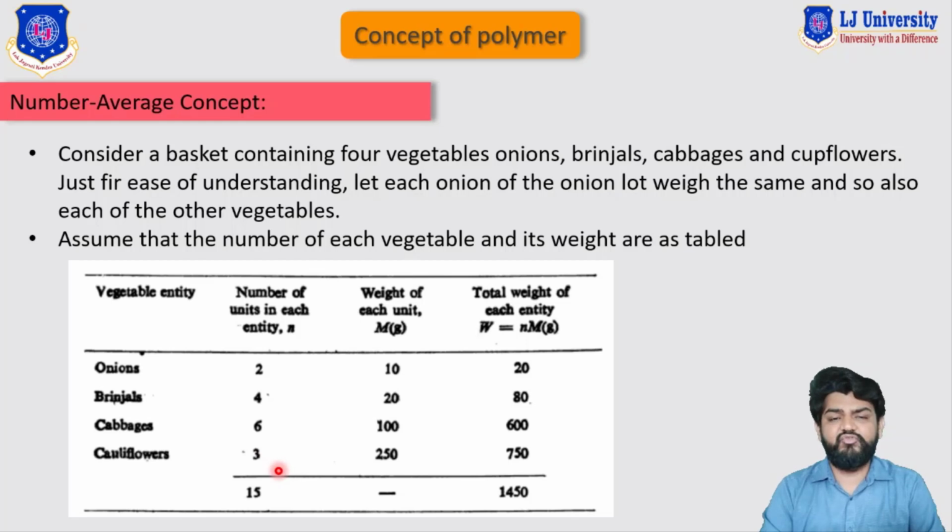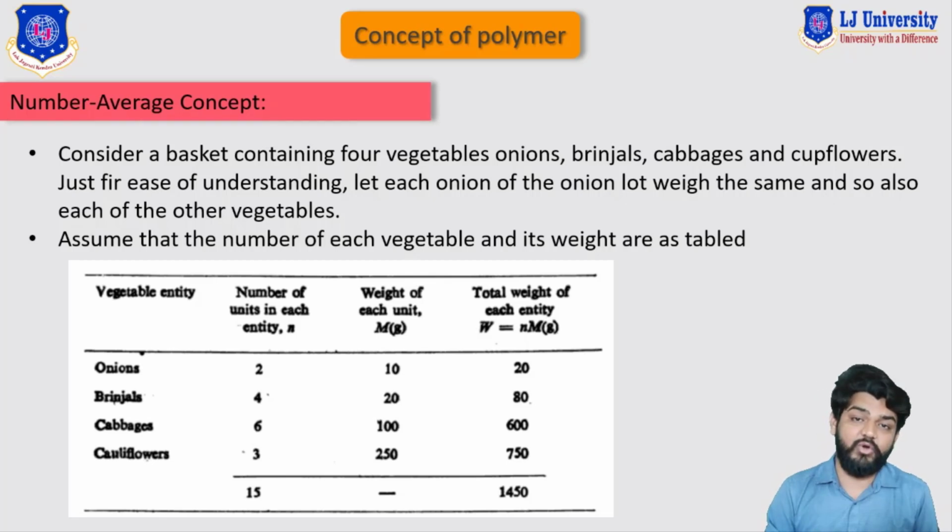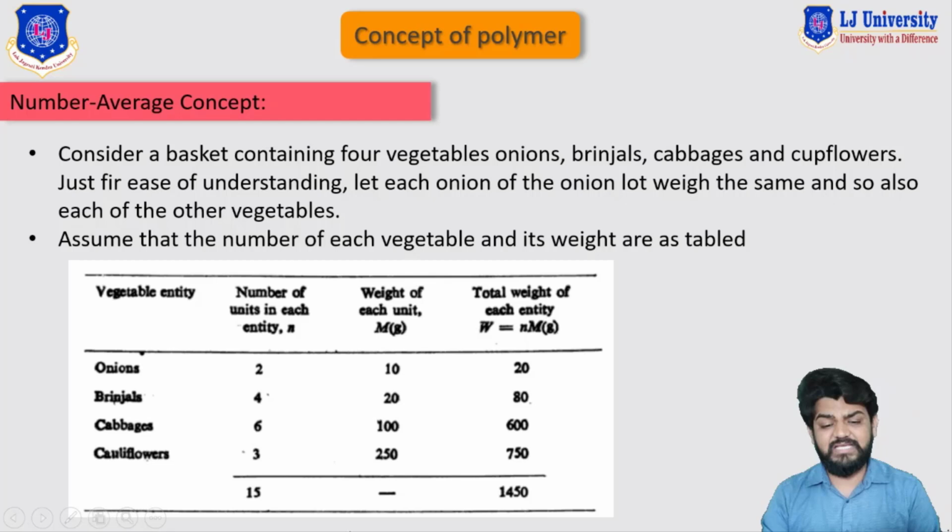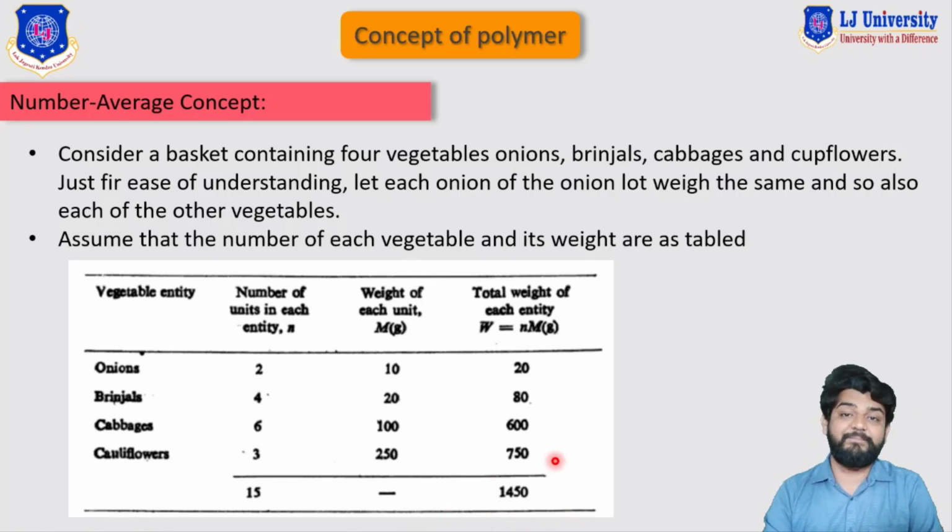We just have to multiply these two values. We have 3 units of cauliflower and each unit weighs 250 grams, so 750 grams is the total weight of the cauliflower. So the total weight of the basket is 1450 grams, in which we have 15 units of different vegetables.